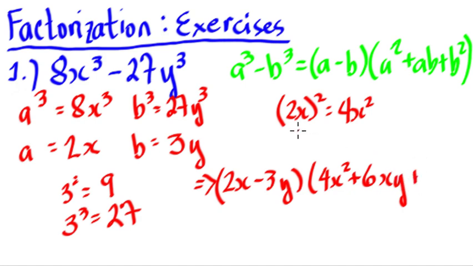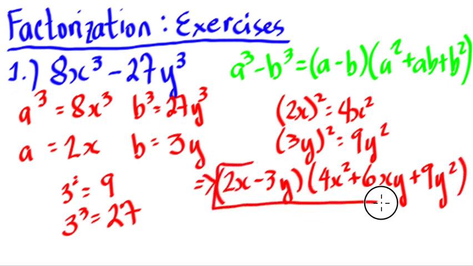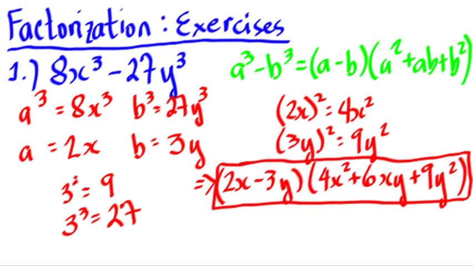And b squared is 3y squared, so we have 9y squared. So pretty much that's our answer for number one.